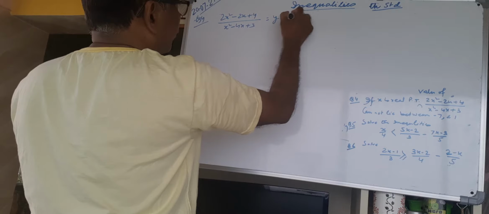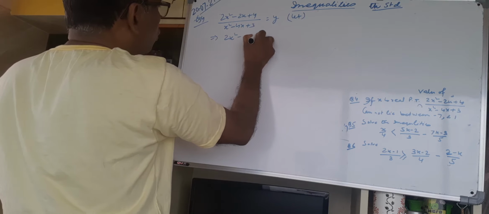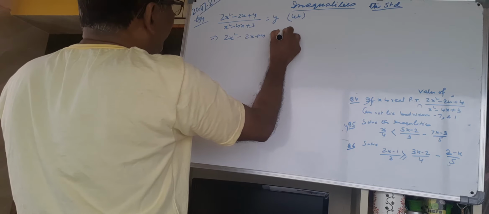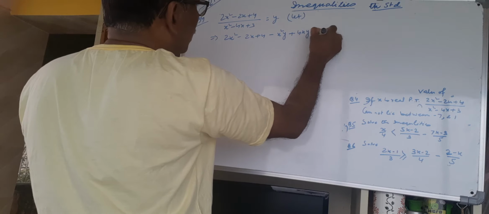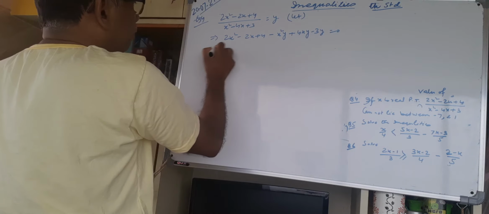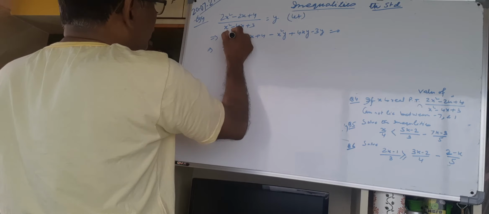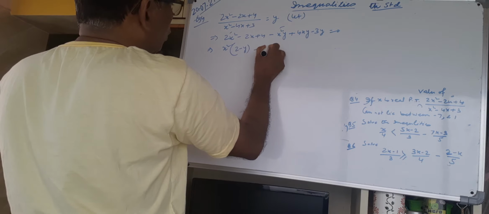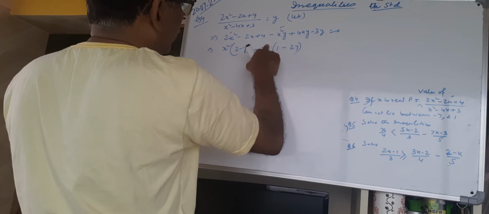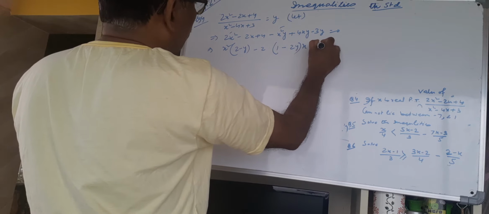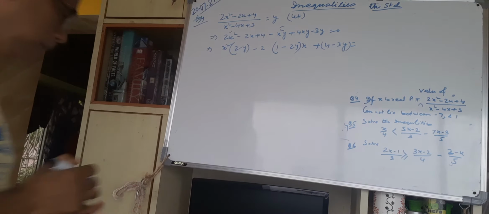Let that we can write 2x² - 2x + 4 - x²y + 4xy - 3y = 0, implies x² is common, (2 - y), this and this, -2x(1 - 2y), and then + 4 - 3y, that is a quadratic equation of x.